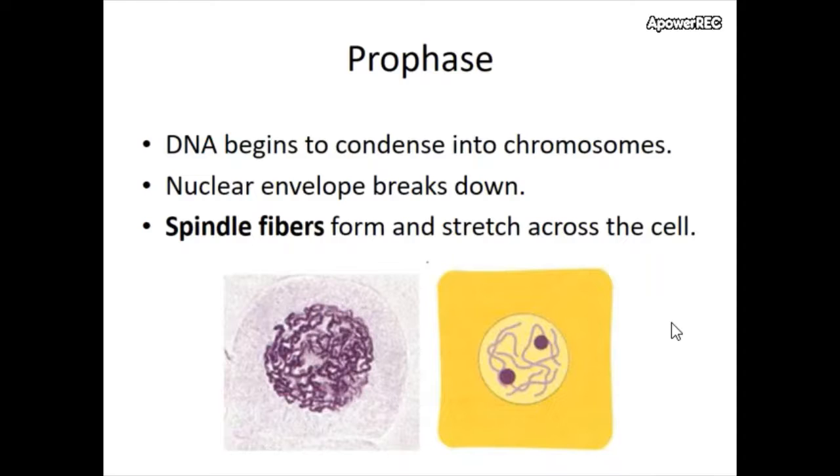Remember, we said that there were also proteins there, and it's a specific type of structure that occurs. So the nuclear envelope begins to break down. Usually there's a membrane that surrounds this DNA that keeps it all in place. And then there's something called spindle fibers, which are fibers that form and stretch across the cell.